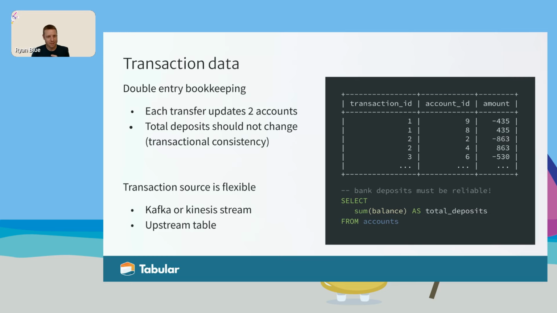We refer to this as transactional consistency, where the state of the mirror table is always consistent with transactions in the upstream table, where if you're reading the mirror table, you should always get a point in time for the upstream table. Now, it might not matter what point in time you get, just that you don't see the half applied transactions really.